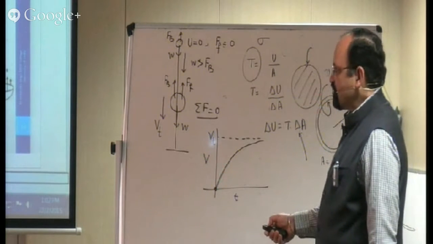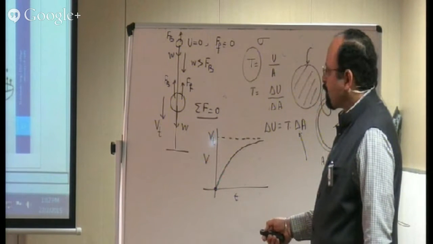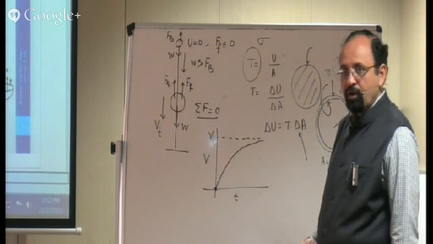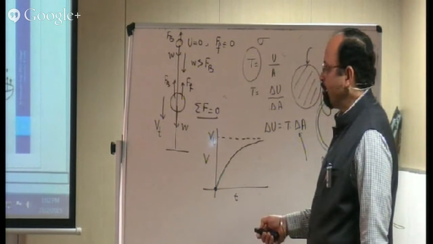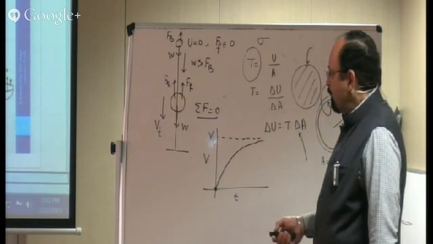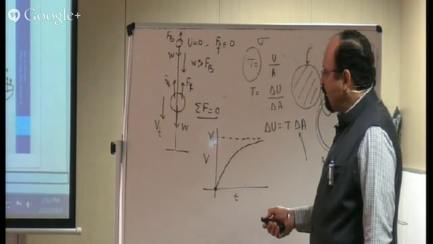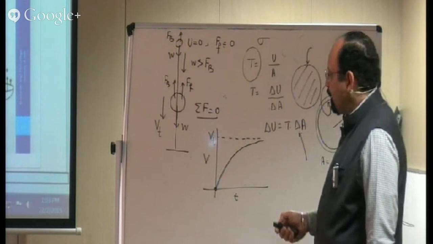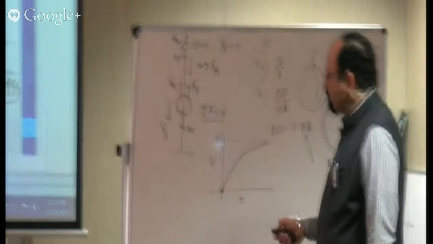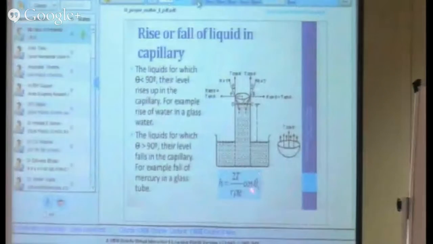T is the surface tension as we discussed. R is the radius. Radius of what? Not the radius of the surface, but the radius of the capillary. Rho is the density of the liquid, and g is the acceleration due to gravity. And then we have a factor of cos θc, where θc is the contact angle.